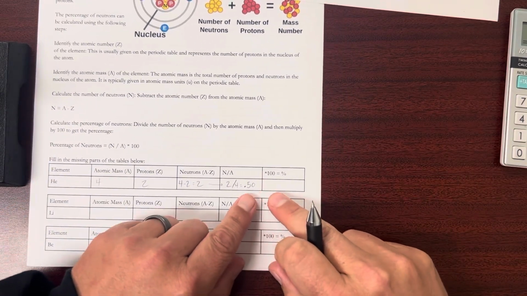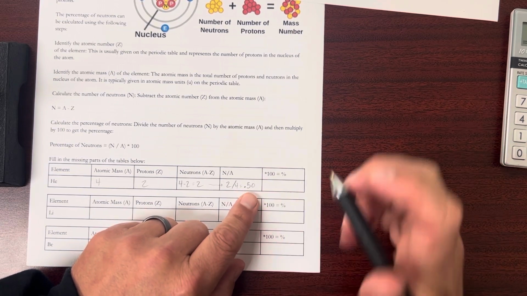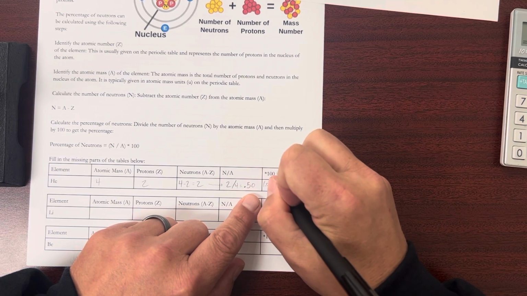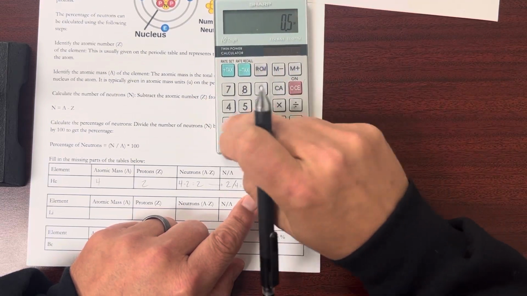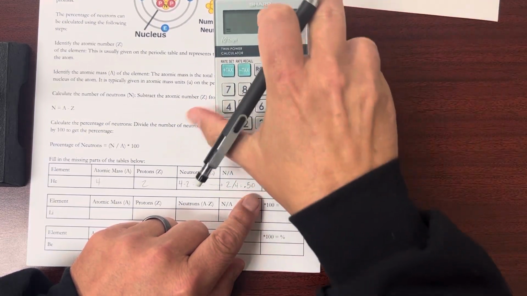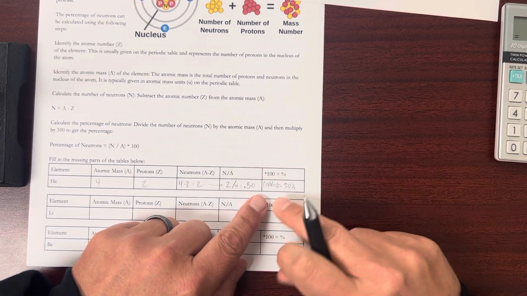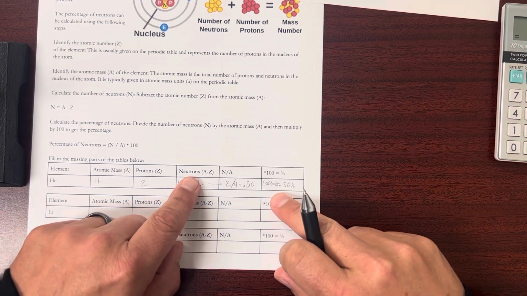The last thing I have to do to figure out percentage is multiply this number by 100, because that's our fraction. So 0.50 times 100 equals 50. So that's 50%. 50% of the mass of helium is made up of neutrons.